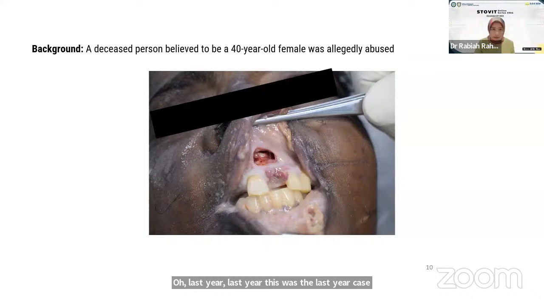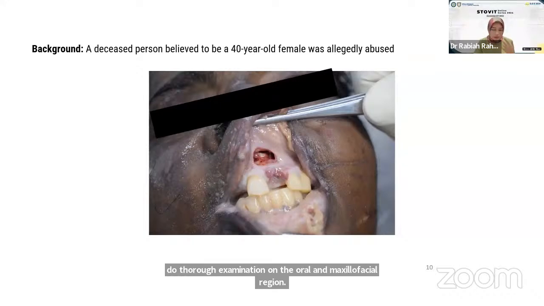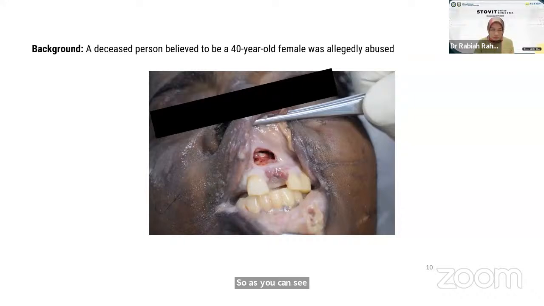The deceased, believed to be a 40-year-old female, was allegedly abused. So we were called to do a thorough examination of the oral and maxillofacial region. As you can see here, there's a loss of tooth in front.